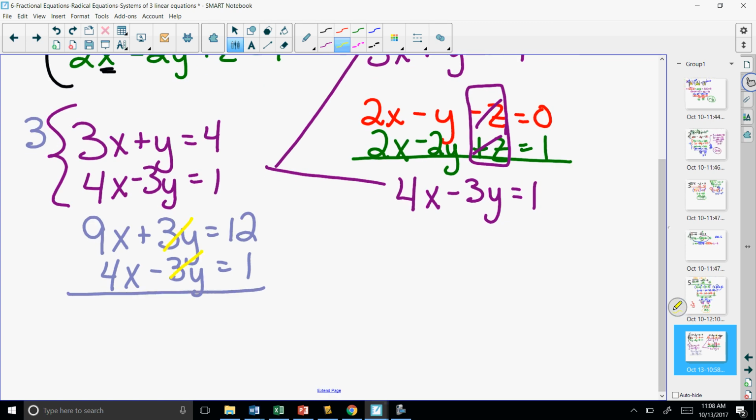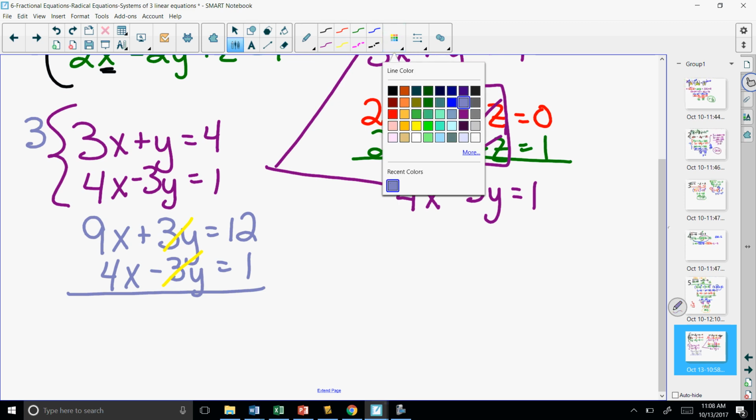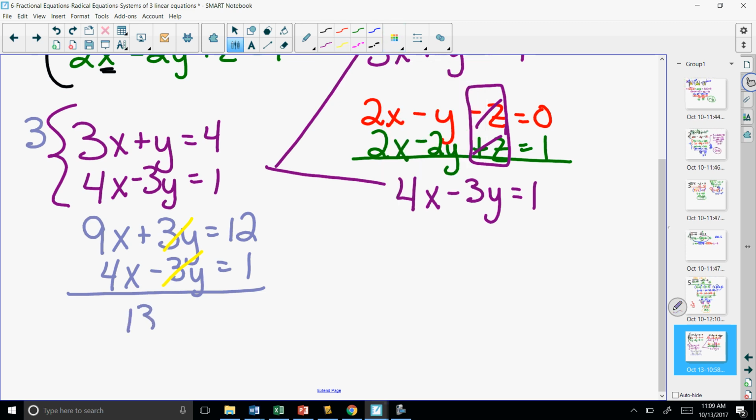So the y's cancel. And what do we get? 13x is equal to 13. So what is x equal to? 1. So x is equal to 1.